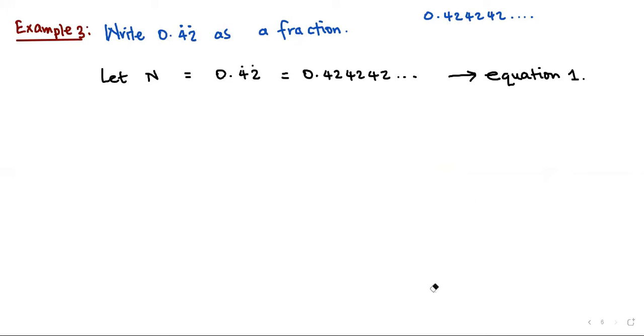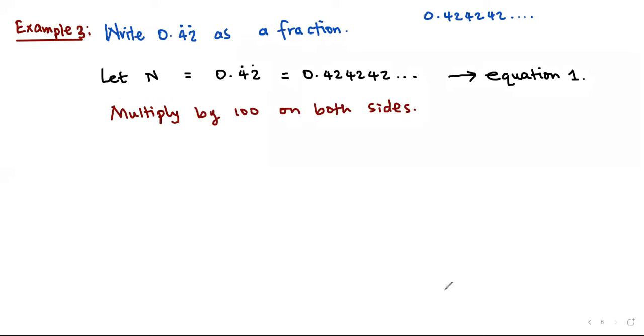So for this one, we are going to multiply by 100 on both sides because we are having 2 digits after the decimal point repeating.